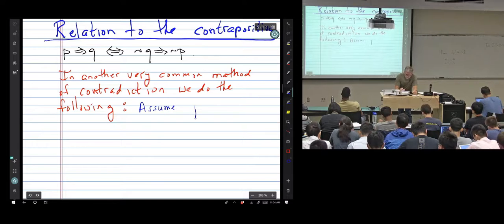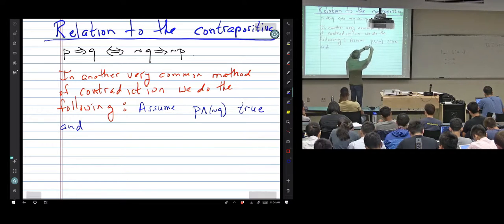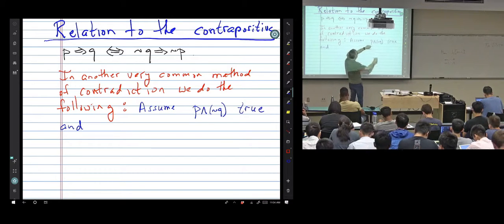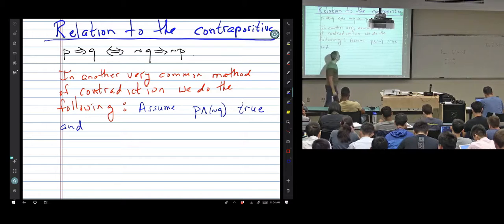We assume P and not Q true. Okay, so this is our statement now. It's a compound statement. So this is the P that we had before, but it's now a P prime and a Q prime, if you wish.